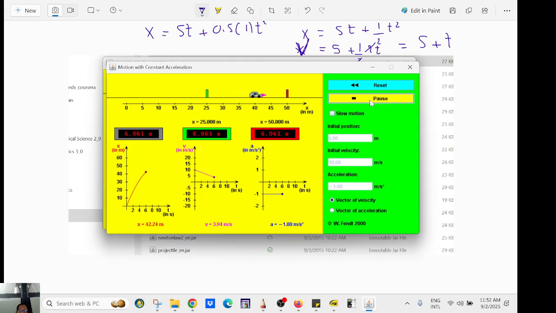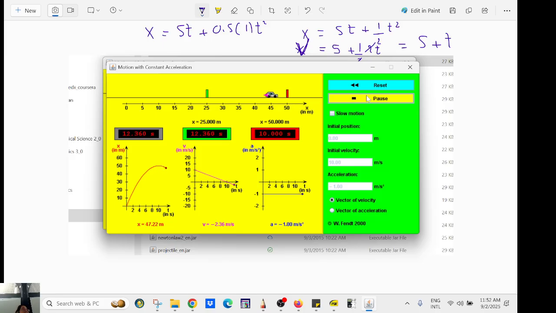What's happening? Look at that. Boom. What's happening here? It stopped. So in the real world, it will stop here, right? But because we are not in the real world, it means there is a force pulling in this direction. So what's going to happen?